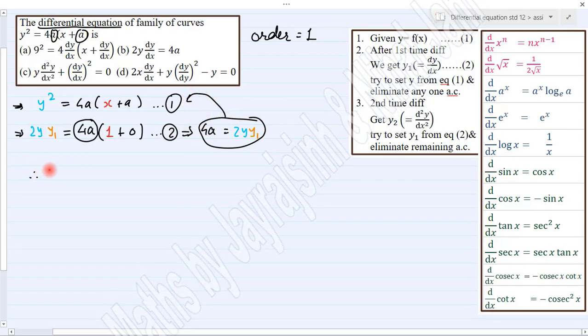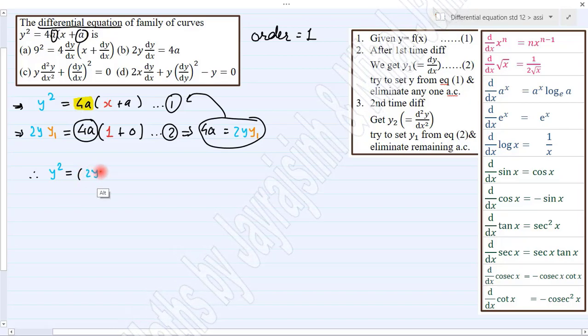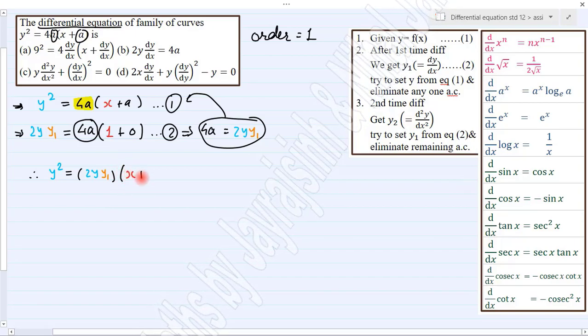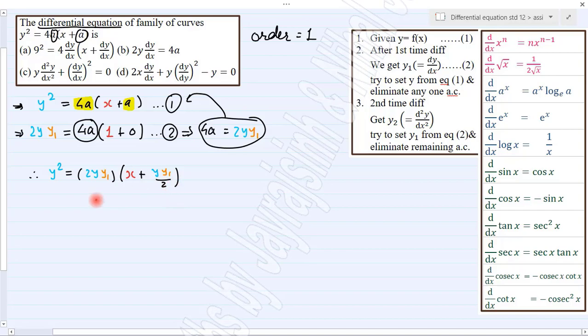So we will get y square is equal to, instead of this 4a, we substitute 2y into y1, into x plus, instead of this a, we substitute y1 upon 2.